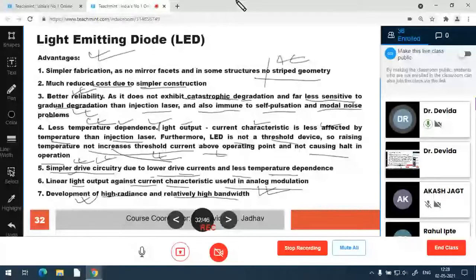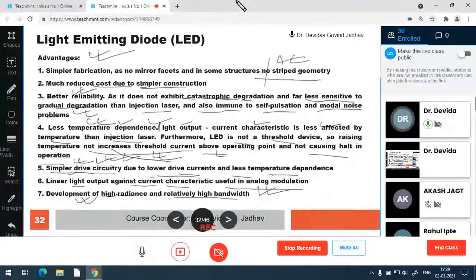So it has simpler drive circuitry. Drive circuitry is simple because the laser is temperature dependent, and it also requires a minimum threshold current. To have stable operation and provide the minimum threshold current, complicated drive circuitry is required for the laser.